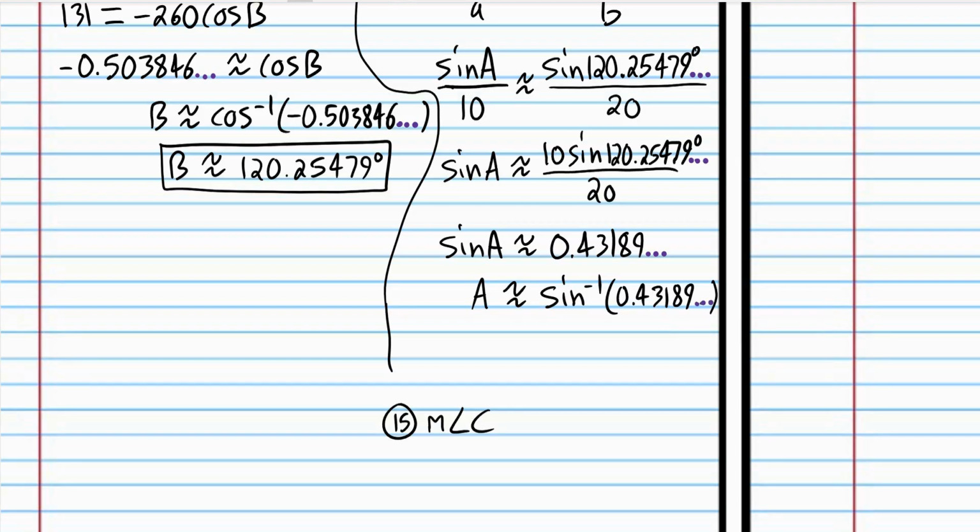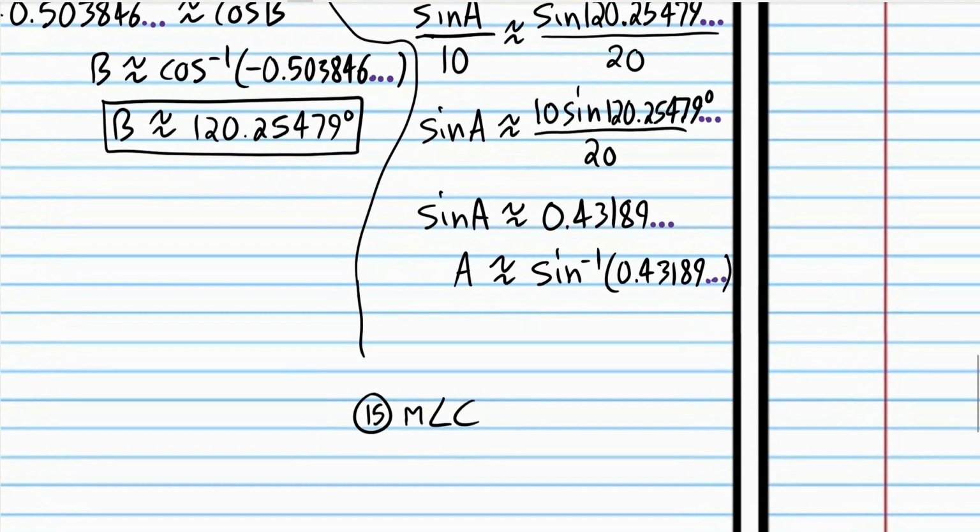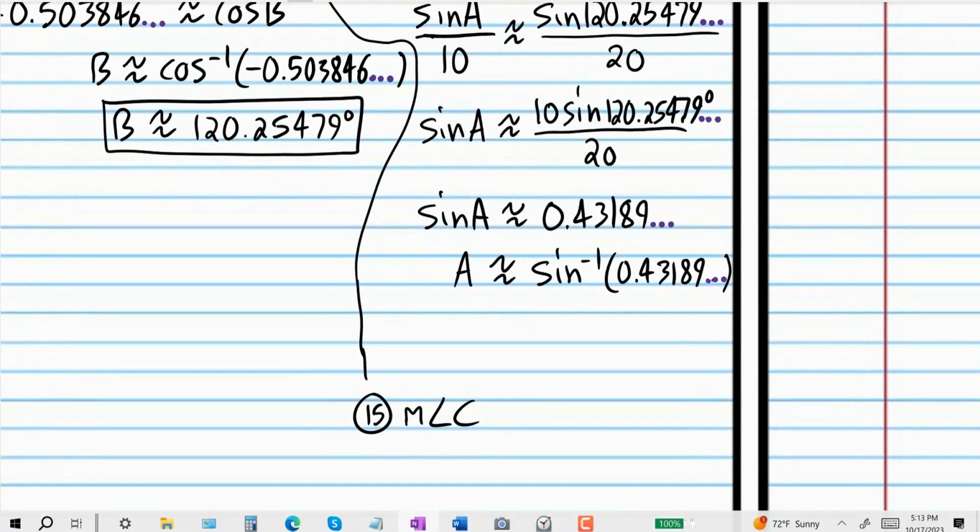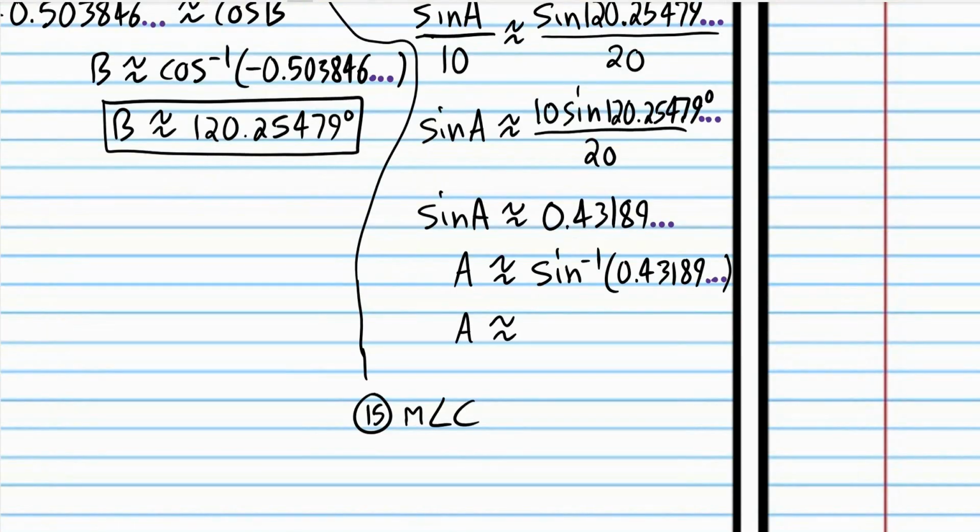And so the blue button, the sine button, and then the negative symbol with parentheses at the bottom. That's how you keep that number in your calculator if you're using a TI-84 Plus. And the measure of angle A is 25.58799 degrees approximately.